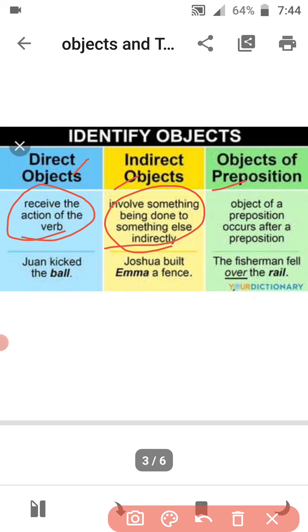The object of a preposition occurs after a preposition. For example of direct, John kicked the ball. The ball. Indirect, Joshua built Emma a fence. Emma is the indirect object. The fisherman falls over the rail. Over.